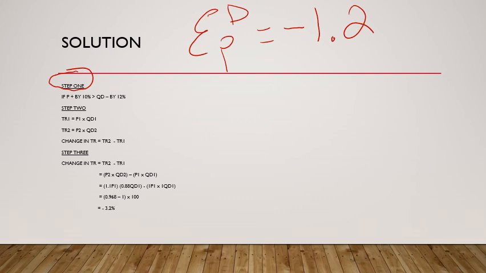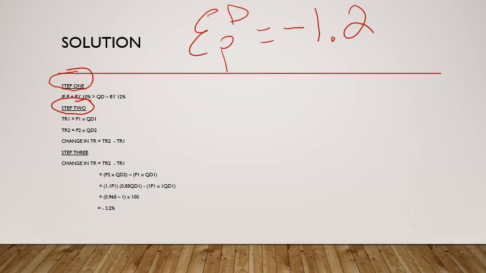All right? Now, step 2. So what are we doing in step 2? In step 2, we're constructing equations that we can use in order to solve the problem. So we start with TR1. What is TR1?